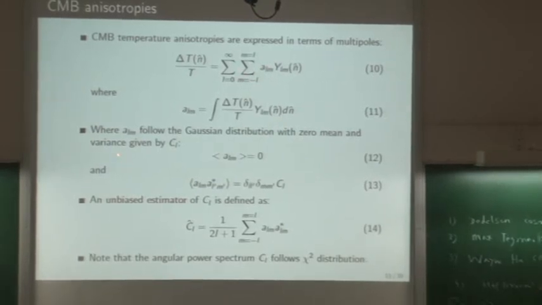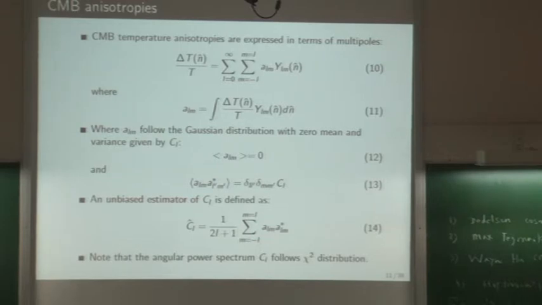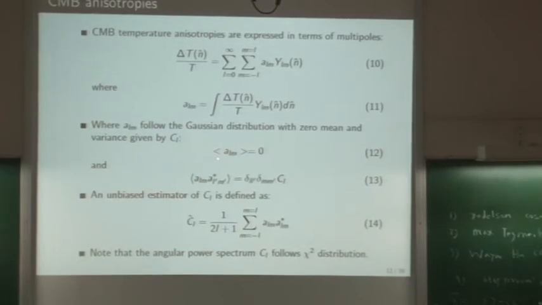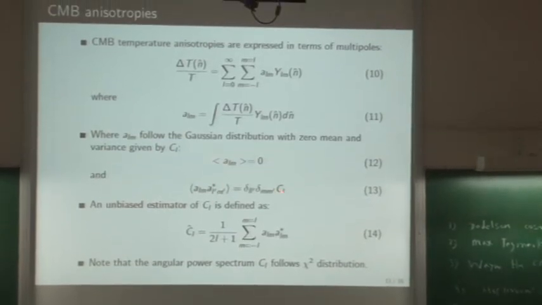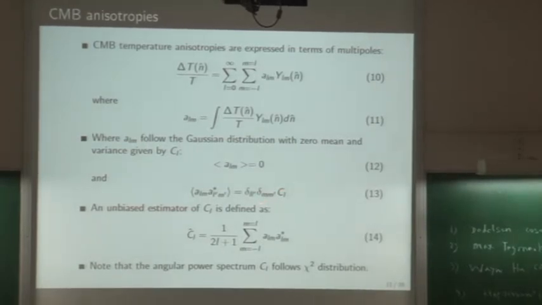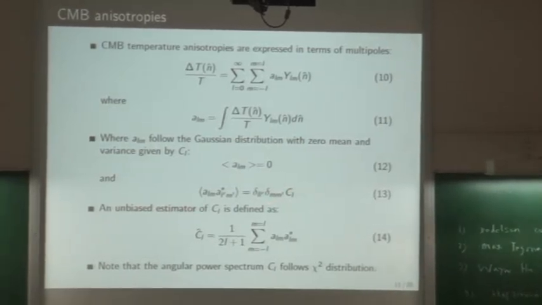And there are some interesting properties of these amplitudes. First thing is that they follow a Gaussian distribution. They are Gaussian random numbers, and it comes from theory. They have zero mean, and their variance is given by C_l. This C_l is called the angular power spectrum.